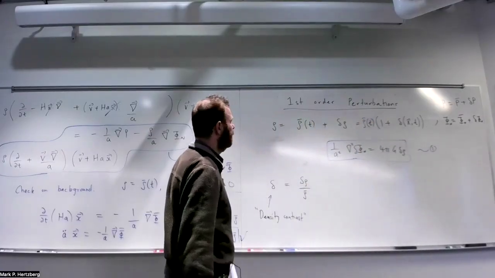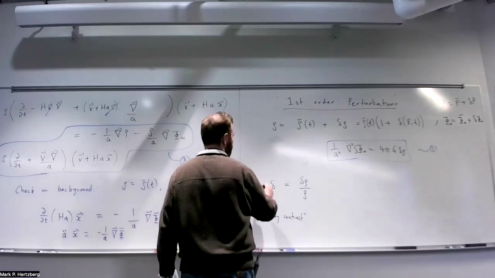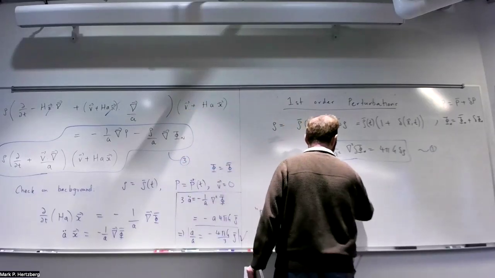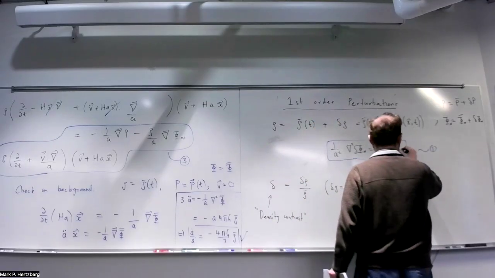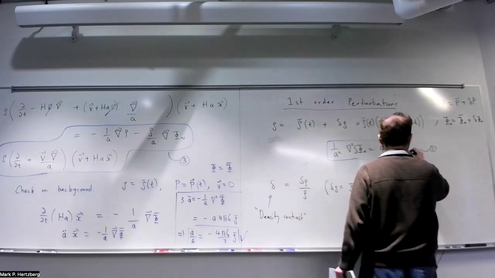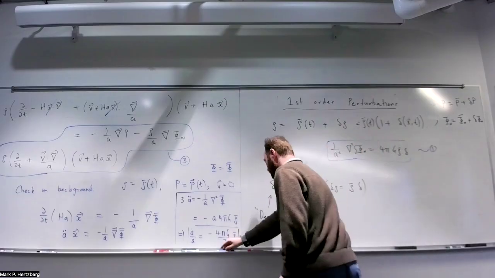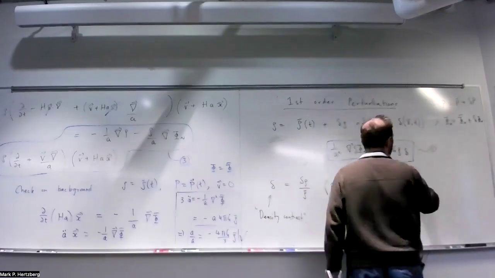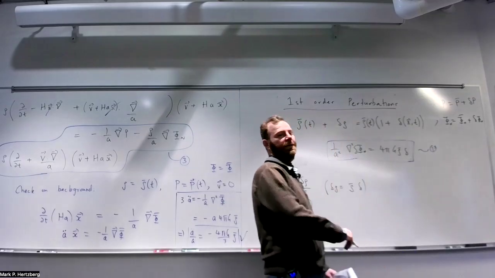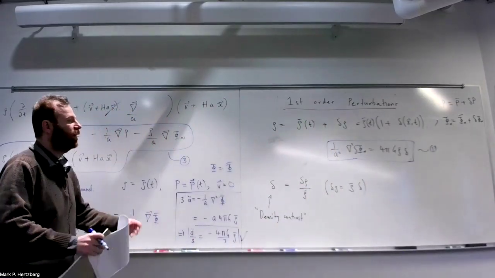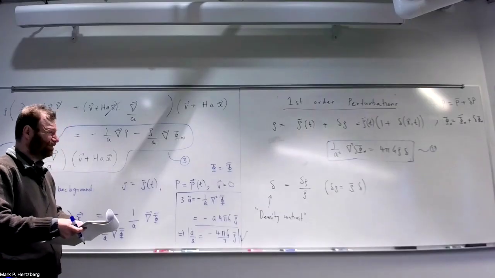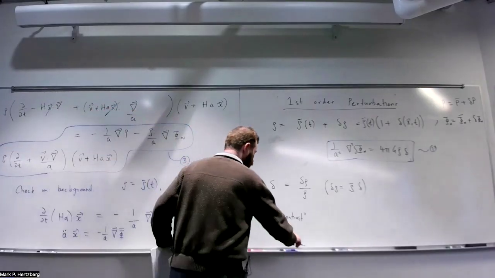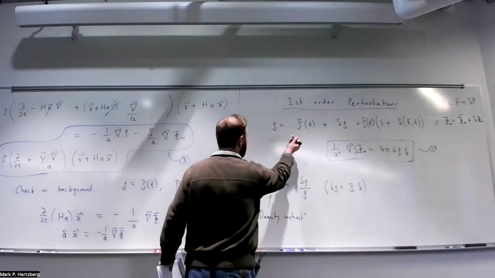But delta rho, just to be clear, is just rho background times delta, so this is rho bar delta. We can call that 1 prime. That's the first order perturbation in the Poisson equation. Let's move it up here.